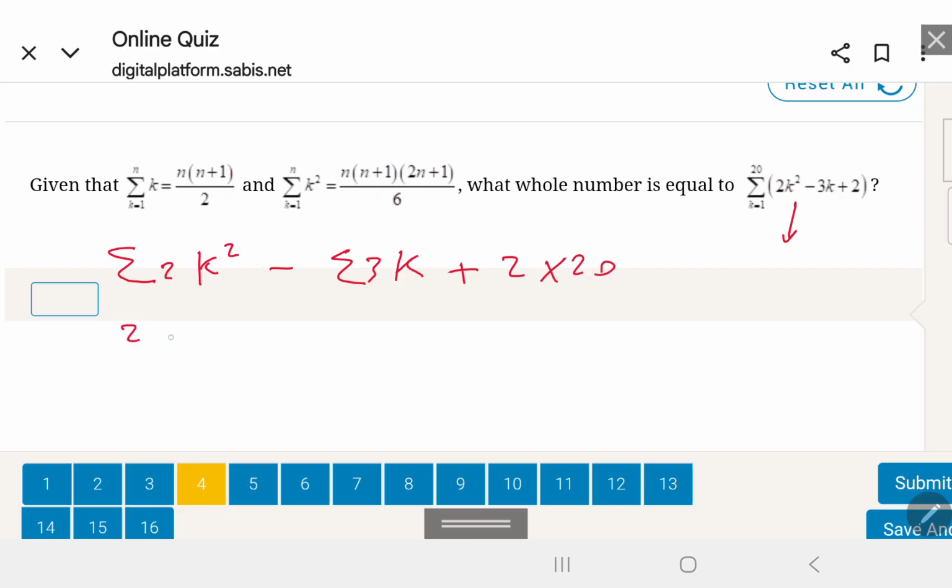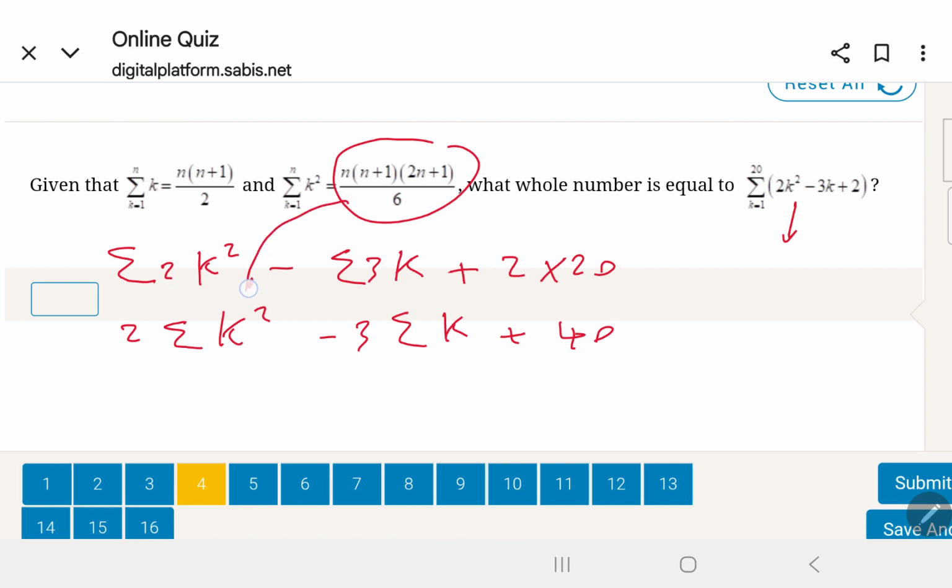Then you can write it 2 sigma k squared minus 3 sigma k plus 40. Now sigma k squared, you can replace it by this amount. So this amount, you replace it here. And this amount, you replace it here.